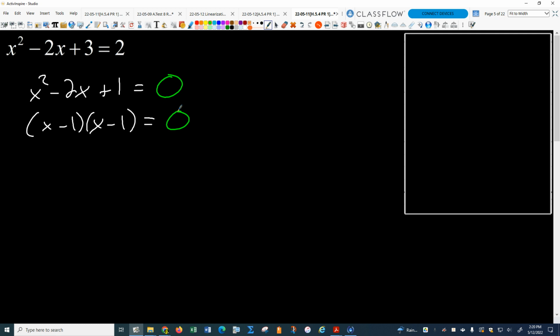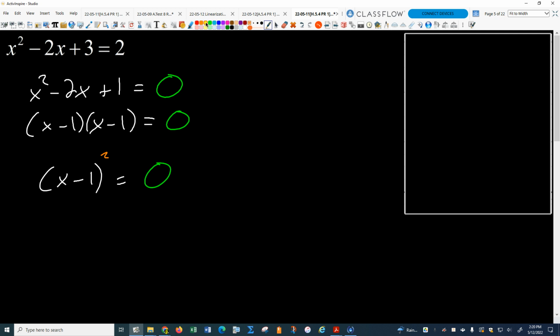So what's the multiplicity? I get one solution, x equals 1. The multiplicity of that solution is 2, okay? An easier way to see that would be to write this as the quantity x minus 1 to what power? Squared. Yeah, x minus 1 squared equals 0.